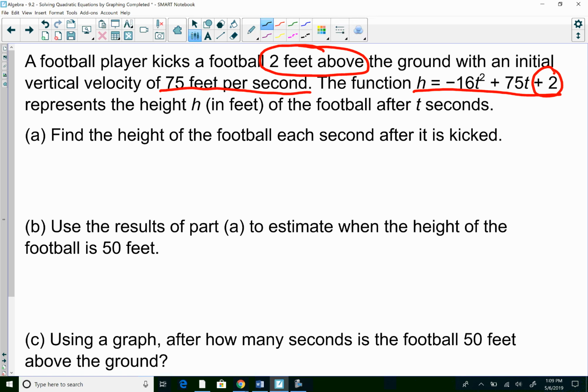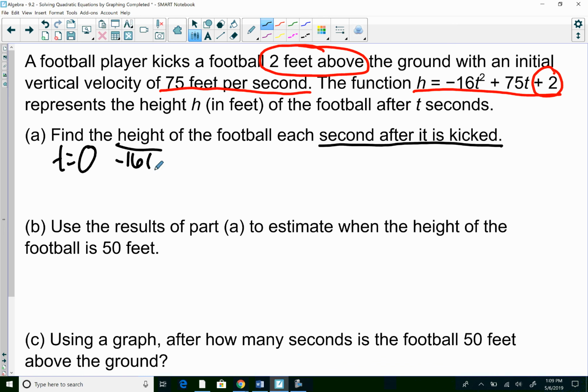So what's happening here is, part A says find the height of the football each second after it is kicked. So they basically want you to, first off, take 0 and plug it in for each of the t's.